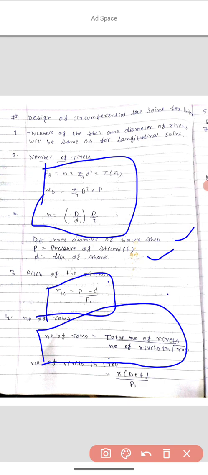But if you opt for higher studies like MTech and PhD, you may take machine design as a branch in the MTech and PhD.